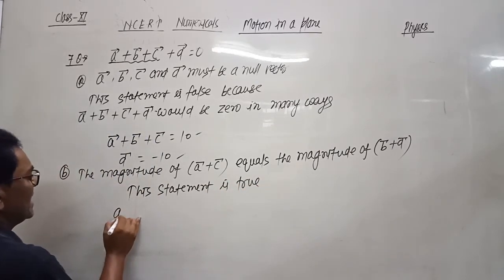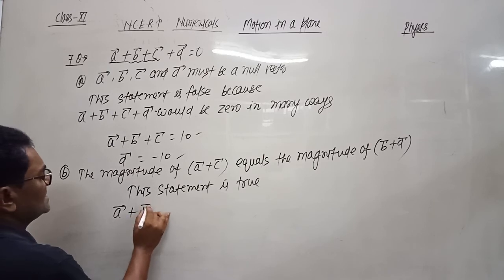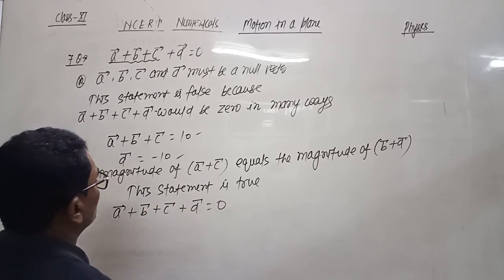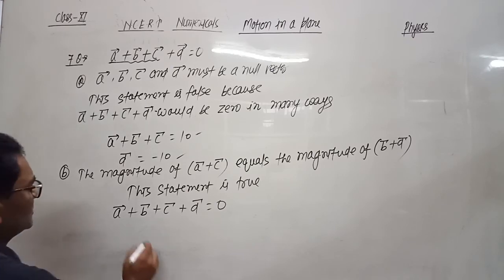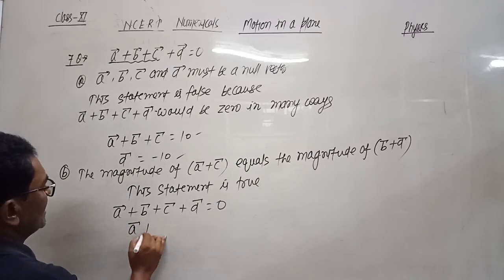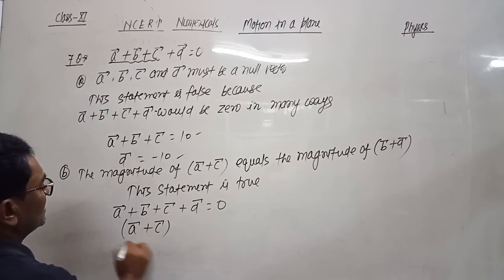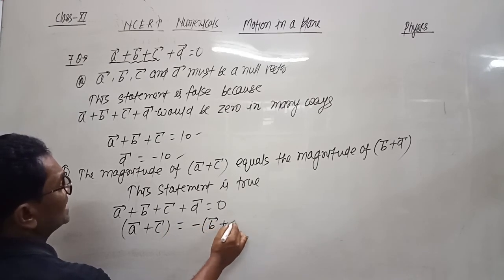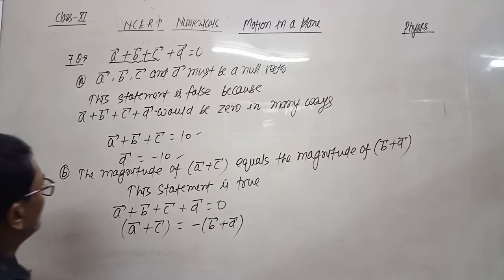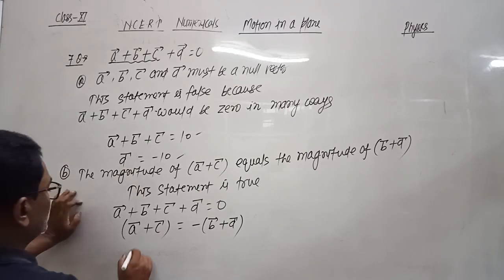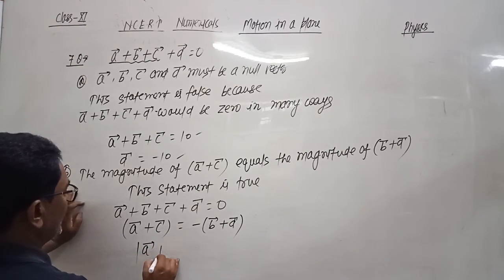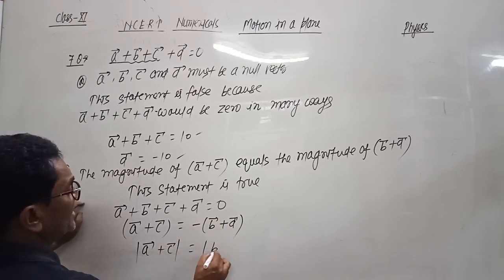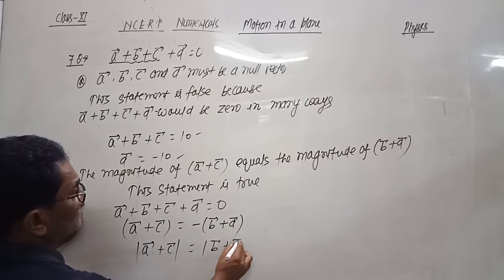This statement is true because when A plus B plus C plus D is equal to 0, then we can write vector A plus vector C is equal to minus of vector B plus vector D, and its magnitude becomes the magnitude of vector A plus vector C, which equals the magnitude of vector B plus vector D, since magnitude is always positive.